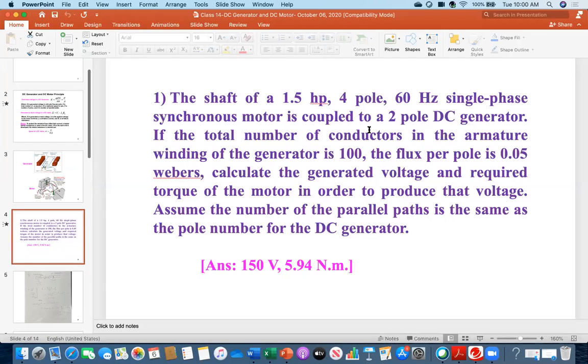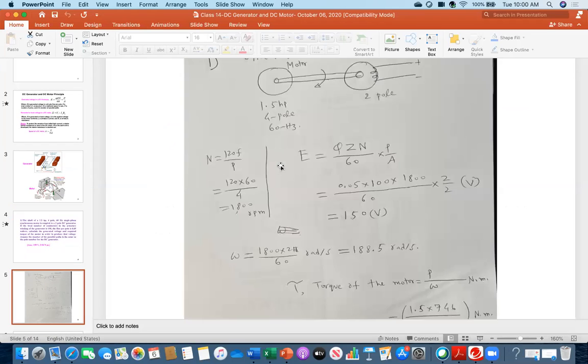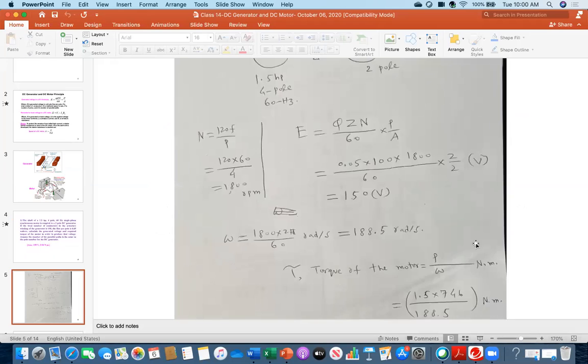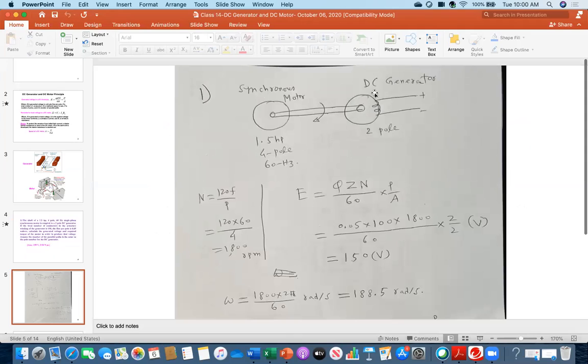For the first part, I have drawn a picture. Everybody see this picture. This is your DC generator. I'm just showing a brief schematic. It has the coil, it has 2 poles, and it is producing that voltage. Now you need the prime mover.